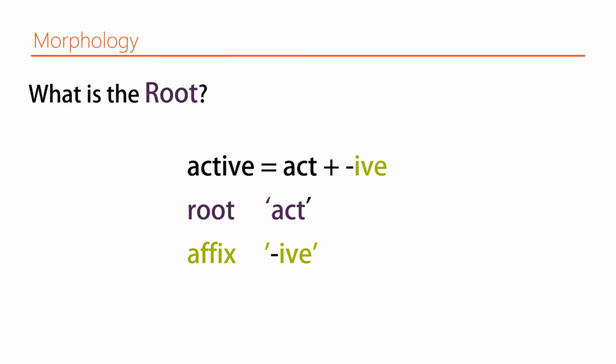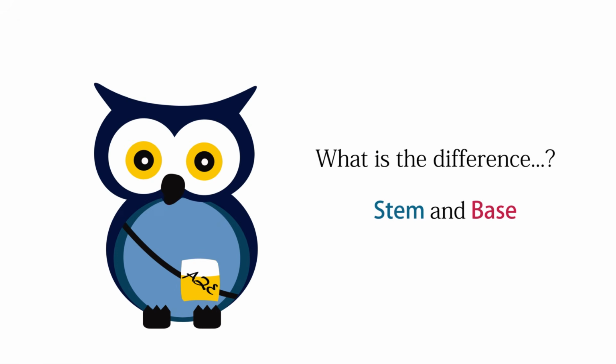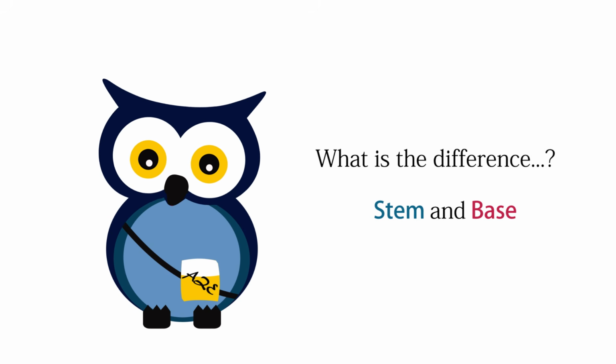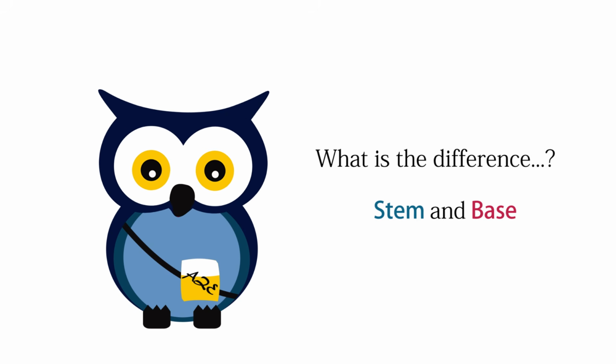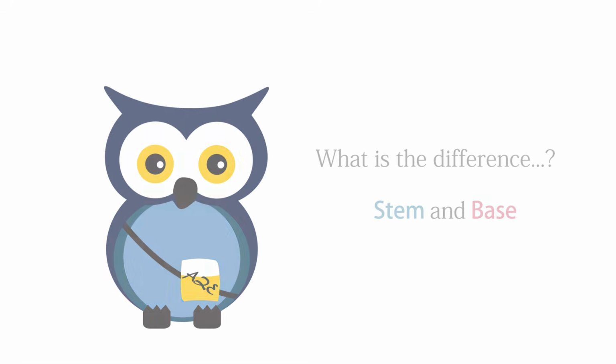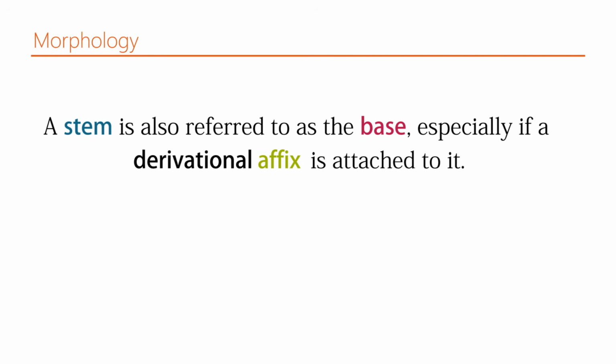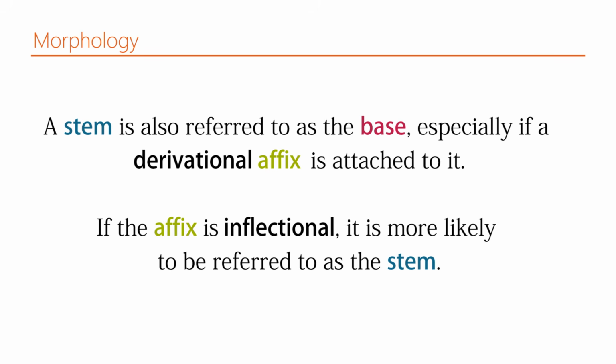So now we need to know the distinction between base and stem. Okay, so you could say base and stem could almost be used interchangeably. Stem is also referred to as the base, especially if a derivational affix is attached to it. If the affix is inflectional, it is more likely that we use the term stem.